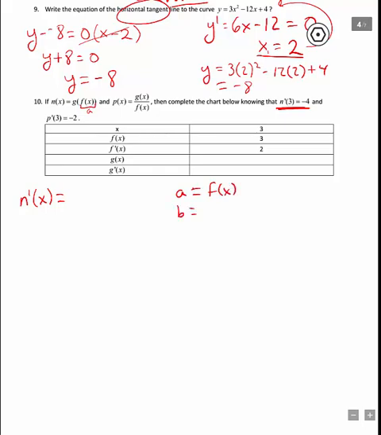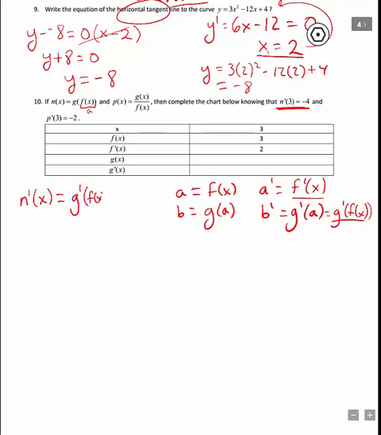B would then be g of a, which means a prime is f prime of x. B prime is equal to g prime of a, which is g prime of f of x. We multiply those together, and we get n prime will be g prime of f of x times f prime of x.